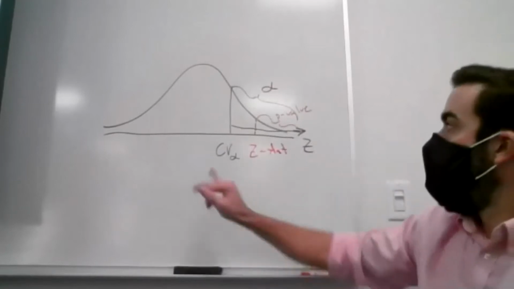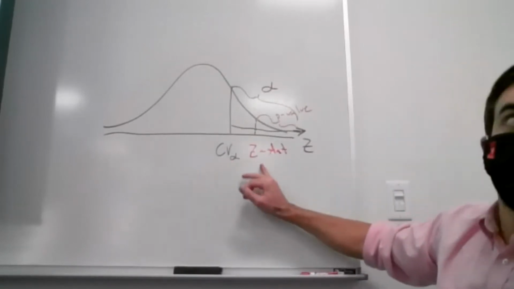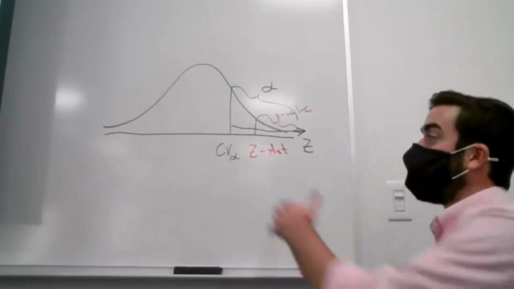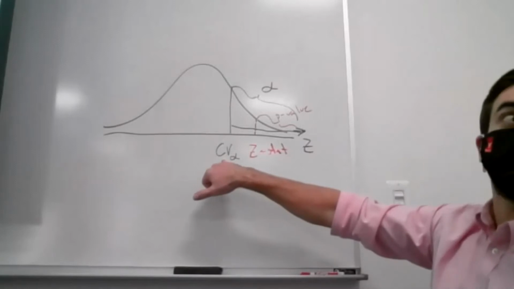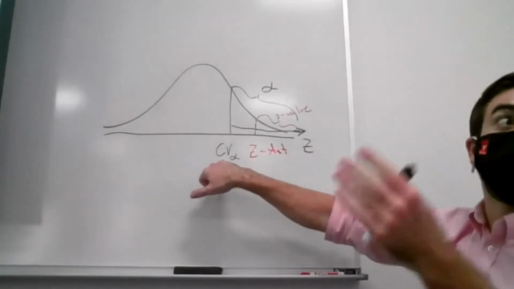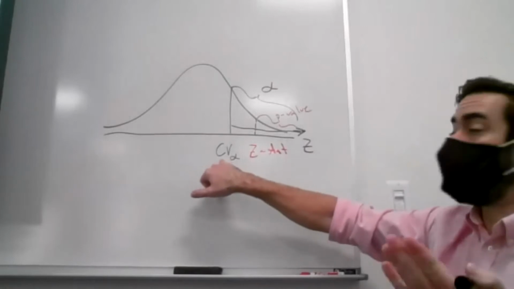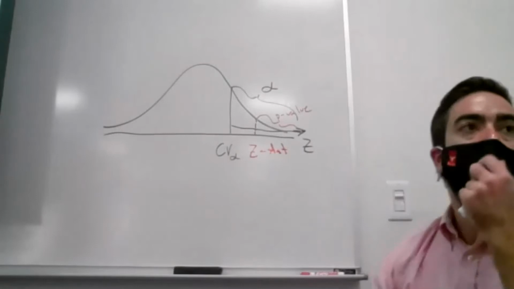I can either compare my z values, the critical value, to my test statistic, or I'm setting this threshold: I'm only going to reject if I see something even further away from that assumed true value than this many standard deviations. Really, it's a z value, so that many standard deviations. If I see something even further than that, then I'm okay rejecting.